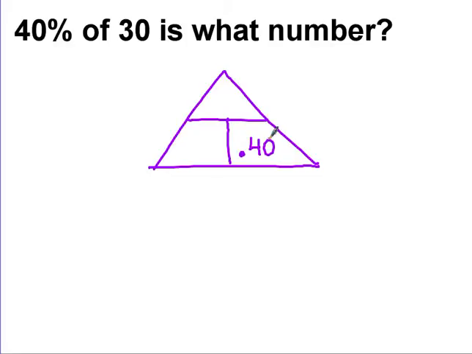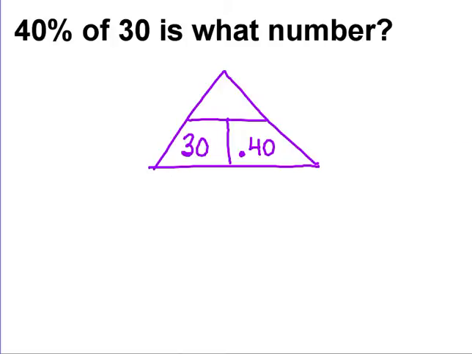Where does 30 go? Bottom left. Based on where you've placed the numbers, it's going to tell you what operation you do. These numbers are right next to each other, so I'm going to multiply them. If I knew one on the top and one on the bottom, I would divide. So I'm either going to multiply or divide.